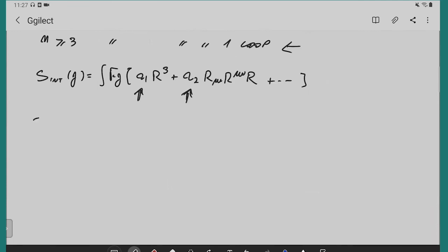There is a special subclass of these theories, which is the subclass where P and Q have complex conjugated pairs of poles.